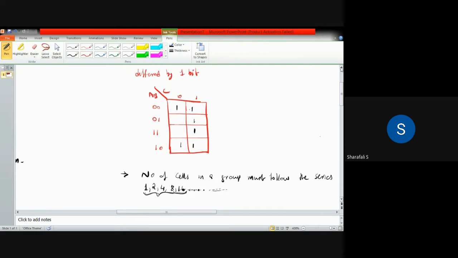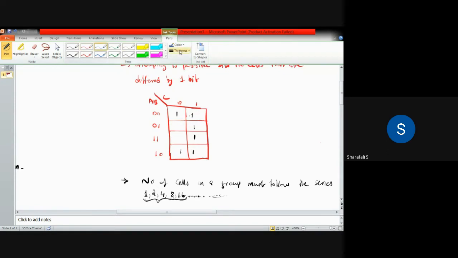So how can we group now? First you have to start with the largest group, I mean you have to check the possibility with the largest number of cells. In this case, this is a 3-variable K-map, so the largest possible number of cells in a group is 8, because 2 raised to 3 is 8.